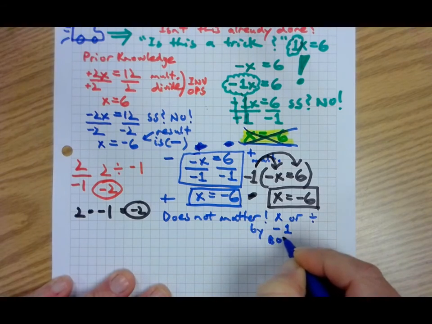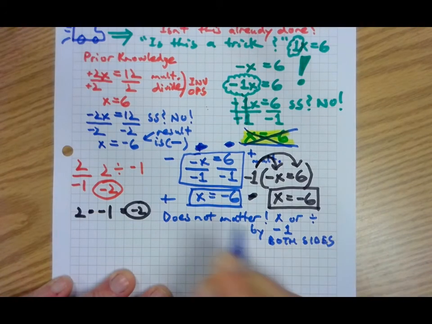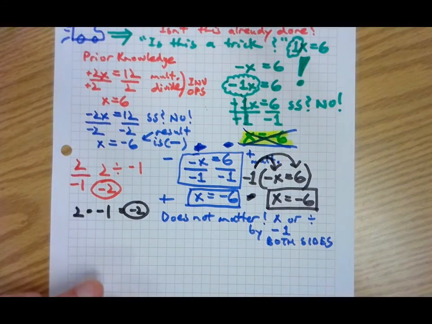Both sides. If you do that, the visual result is the signs of everything on both sides will change. And you could do this in any situation. Perfectly legal. You will not get arrested.